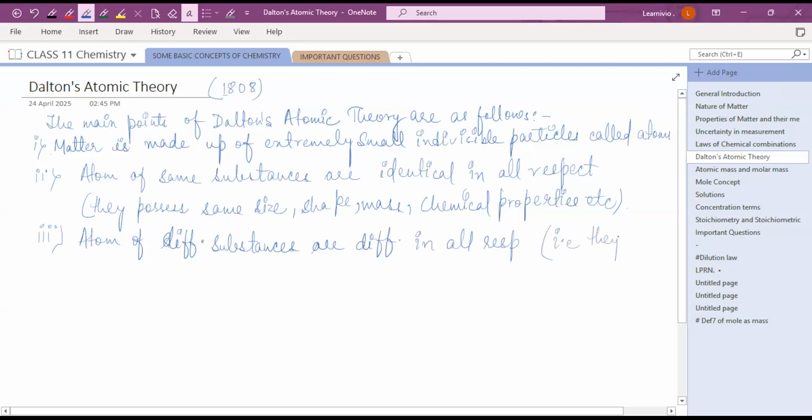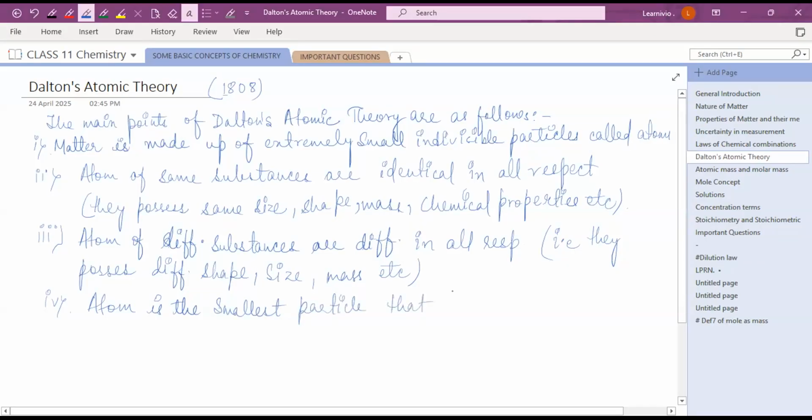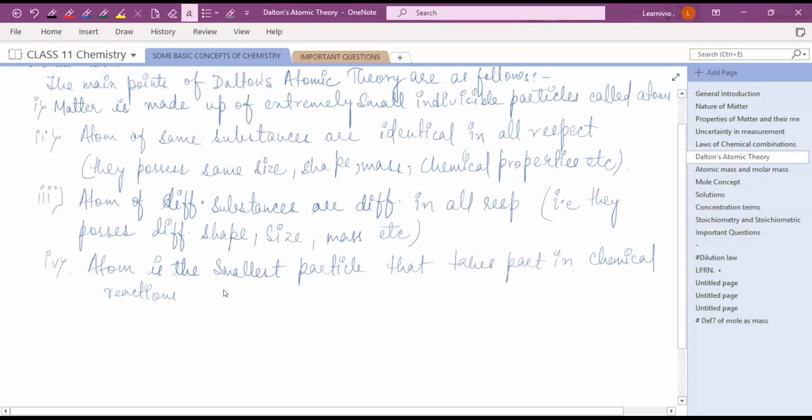Similar to that, they possess different shape, size, mass, etc. The fourth point was that the atom is the smallest particle that takes part in chemical reactions.